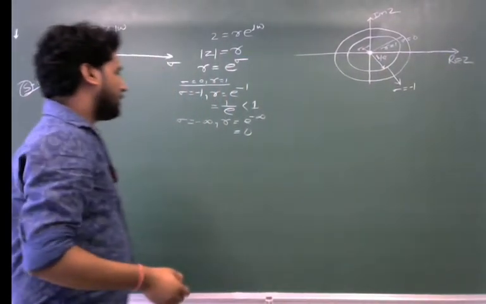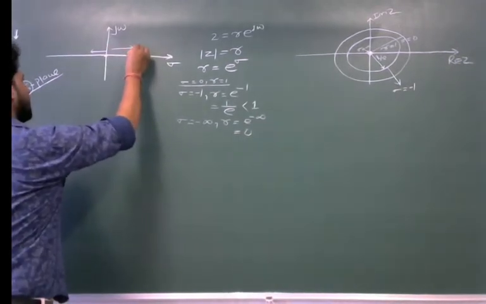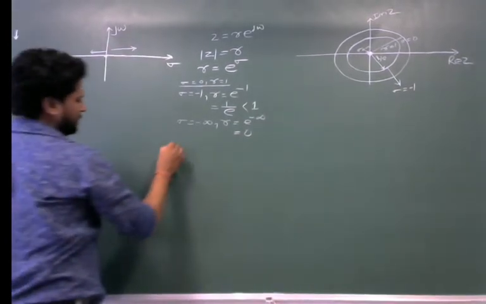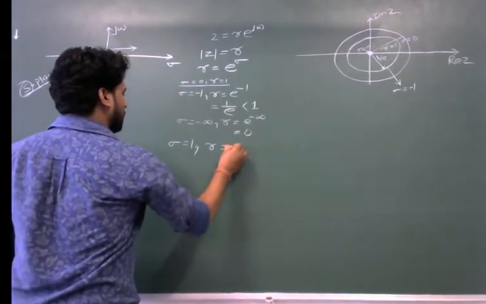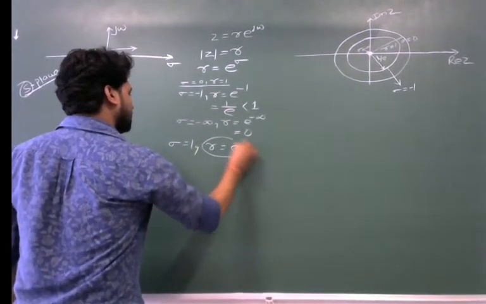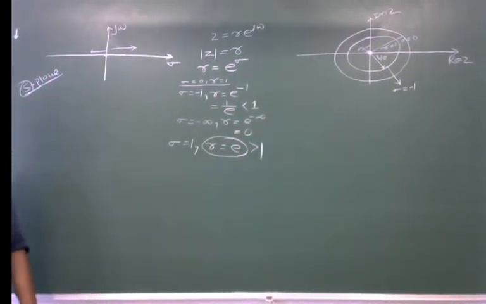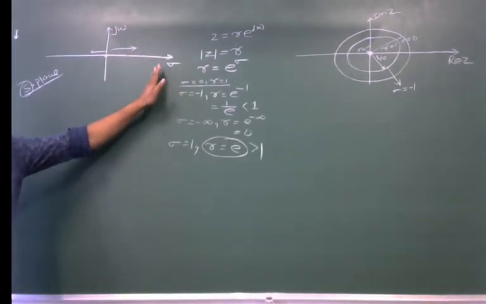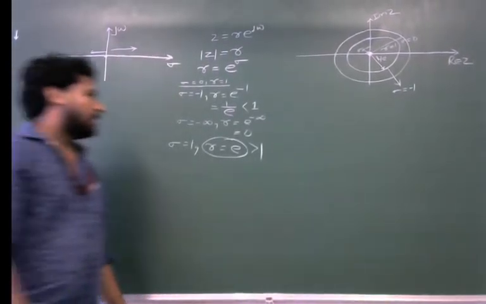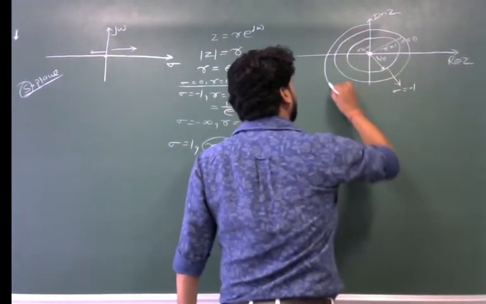Now if I move to the right of this S plane, suppose I put sigma equal to 1, then r will be equal to e, which is obviously greater than 1. If we move to the right side of the S plane, it will result in a circle having radius greater than 1.